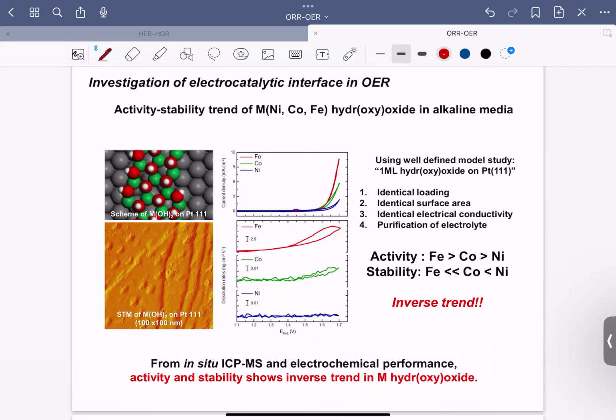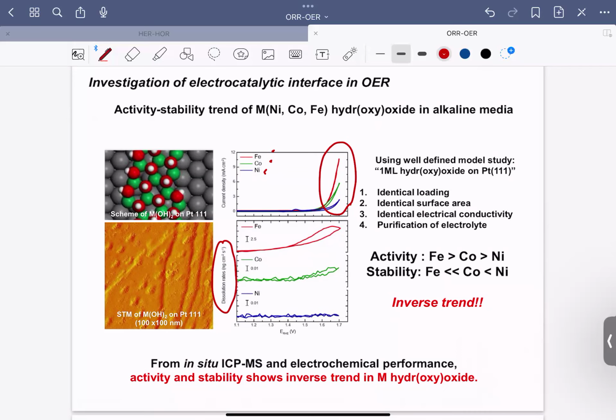I do not want to discuss in detail, but to make a long story short, I prepared three samples with nickel, iron, and cobalt. The iron shows the highest activity, followed by cobalt and nickel. I was also working with ICP mass spectrometry to quantify the dissolution during the electrochemical analysis.